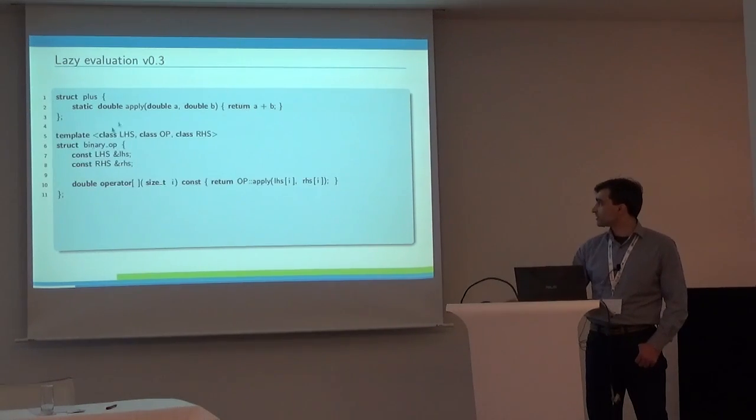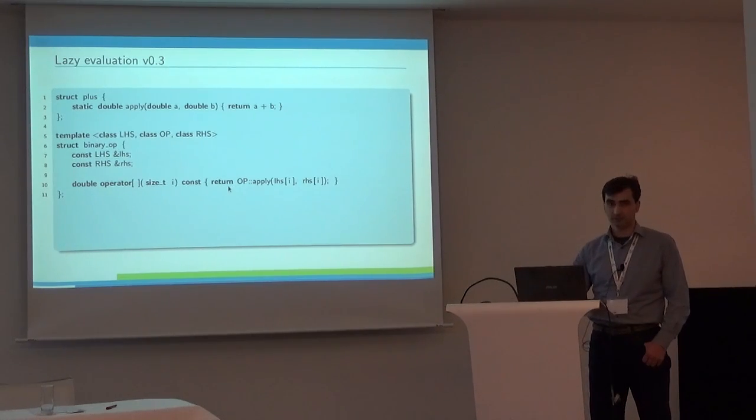And then we take this vSum struct, we rename it to binary operation, and now it has three template parameters: left-hand side, right-hand side, and the operation to be done with them, okay? And we still provide this indexing operator. Now we do not call the plus explicitly, we just delegate the work to this operation struct, okay?